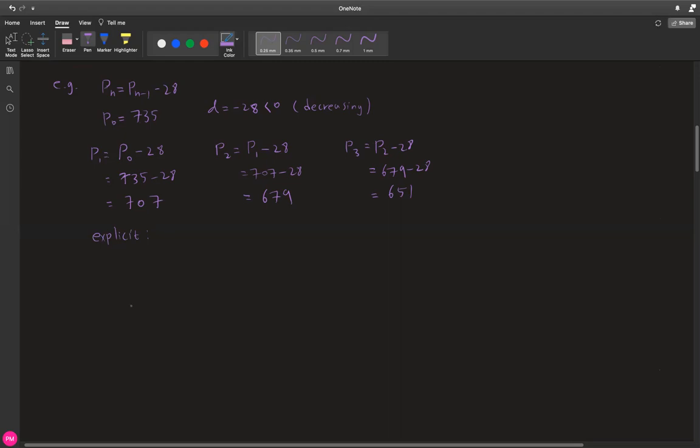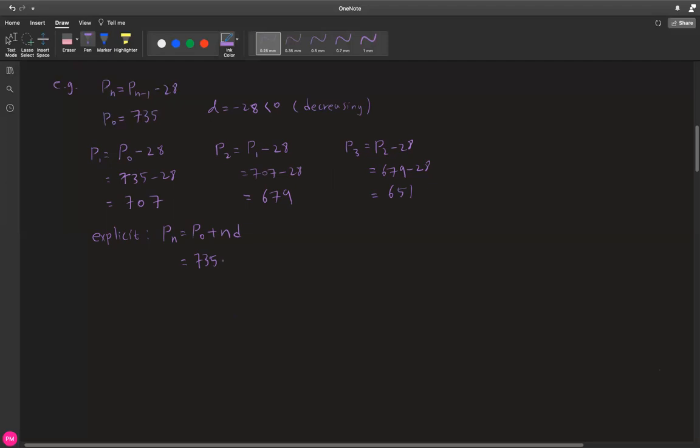To find the explicit formula, we're simply using the other formula that we knew, which is P sub n is given by P sub 0 plus nD. Here we already know that P sub 0 is 735, and we know that D here is negative 28.